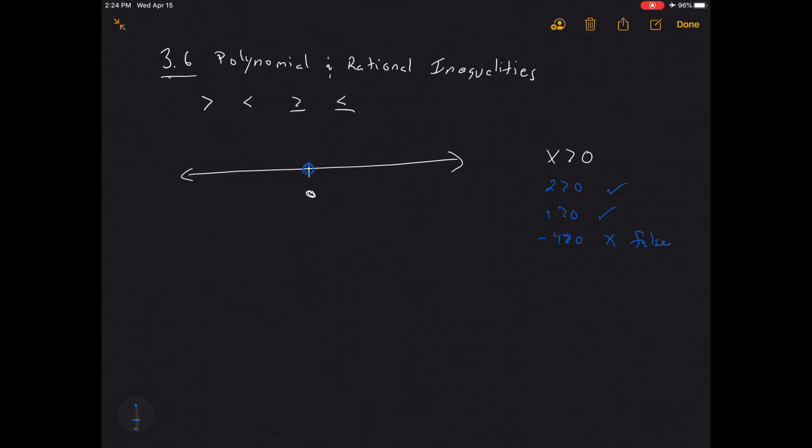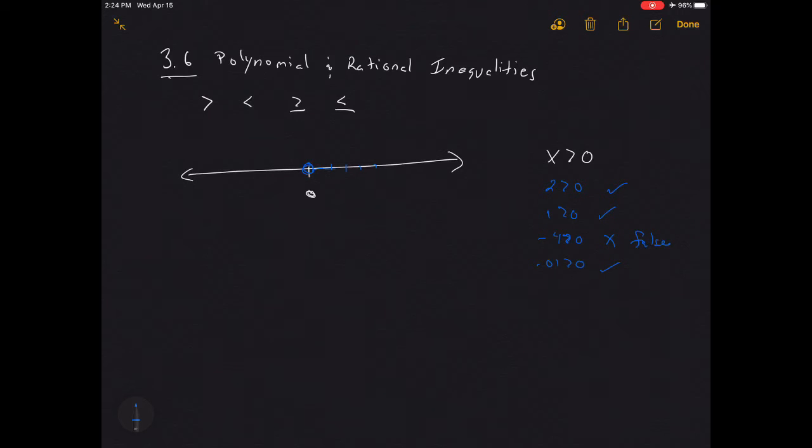So if I was going to plot all of the possible points, well, I've only picked whole numbers here, 1 and 2, and all of those points work. Everything in between there works also, because what if I was to say 0.01? Well, 0.01 is greater than 0, so that's true. So you have to take into account all the points.